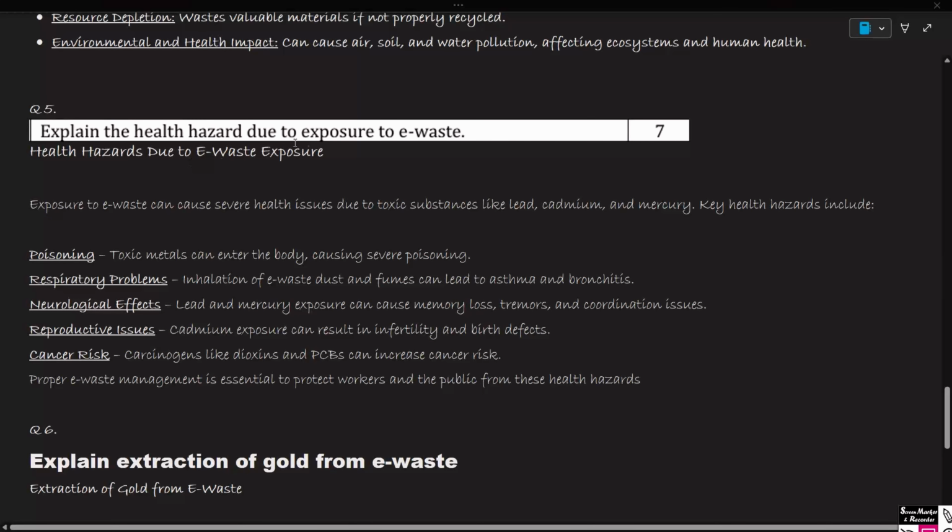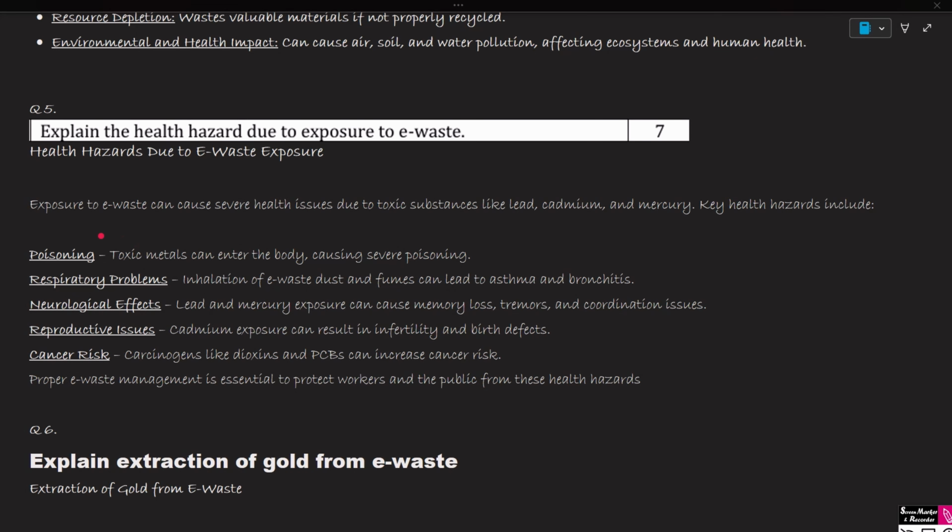So, what health hazards are caused due to exposure to e-waste? Poisoning: toxic metals can enter the body, causing severe poisoning. Respiratory problems: inhalation of e-waste dust and fumes, and toxic gases released from e-waste, can lead to asthma and bronchitis.